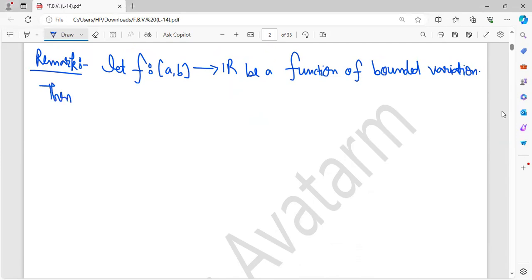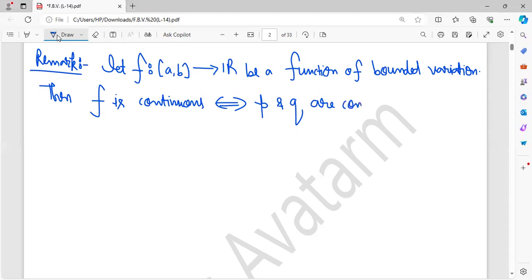Then F is continuous if and only if P and Q are continuous. Okay, let's see its proof.